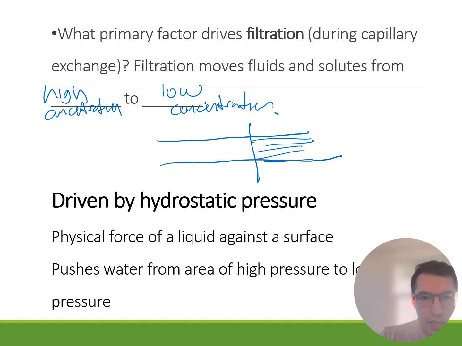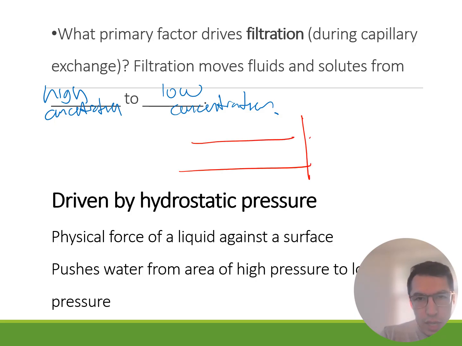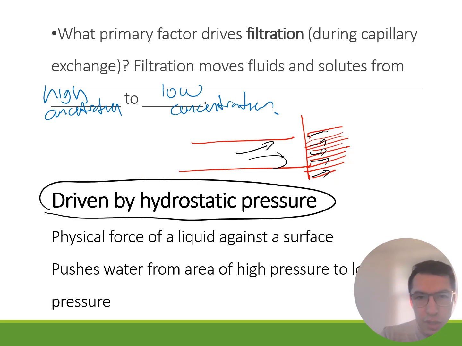Actually, let's make it red so that it doesn't look like it's in veins. So we have an arteriole that is feeding that capillary bed, and the pressure that is inside here is distributed to each one of these vessels, and it is this pressure inside, what we call hydrostatic pressure, that is pushing the solutes out into the interstitial fluid.